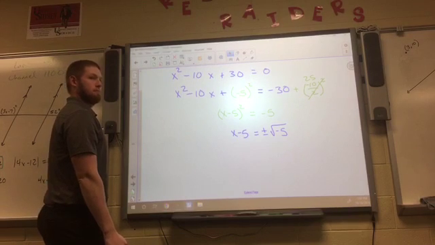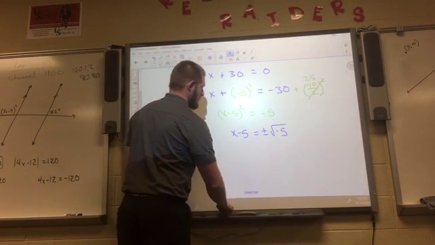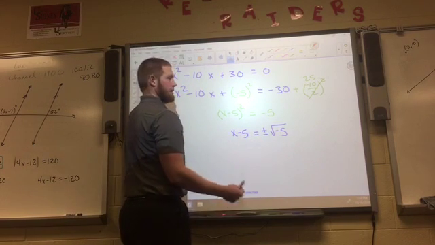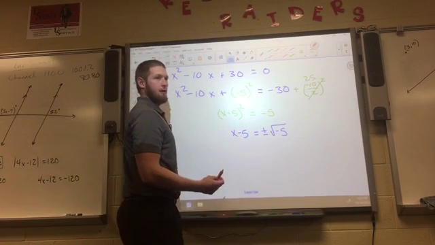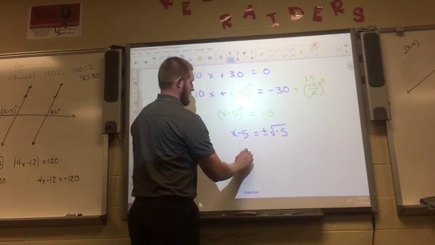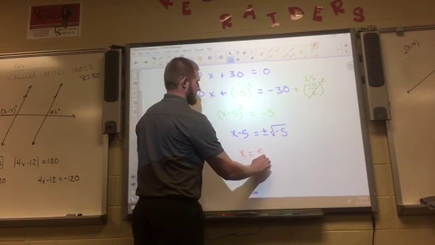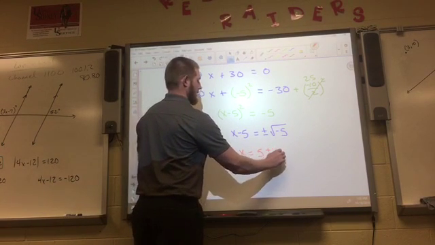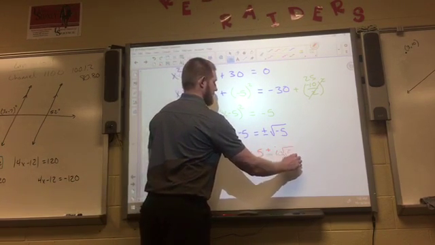Yep. It's going to be imaginary because I have the square root of a negative, but I can't do anything with the 5, right? So when I move this 5 back over, I'm going to have x equals positive 5 plus or minus i square root of 5.